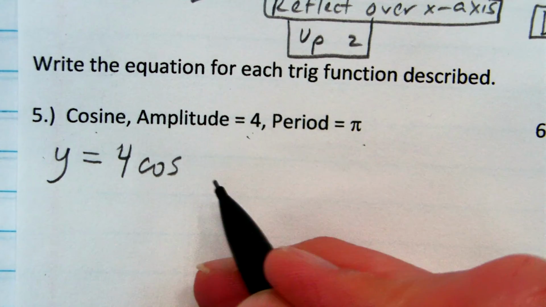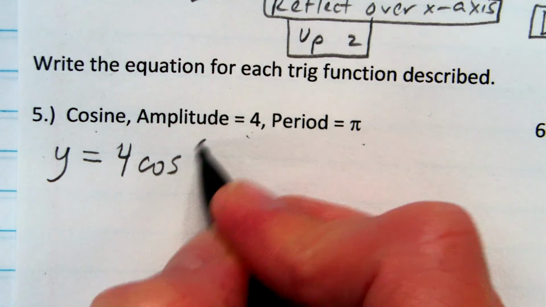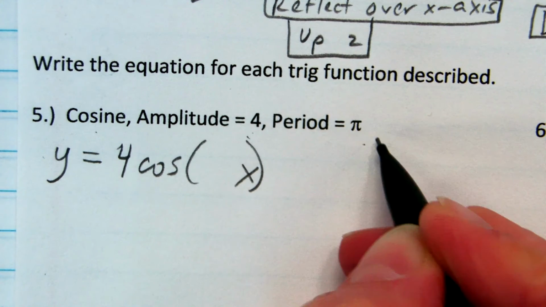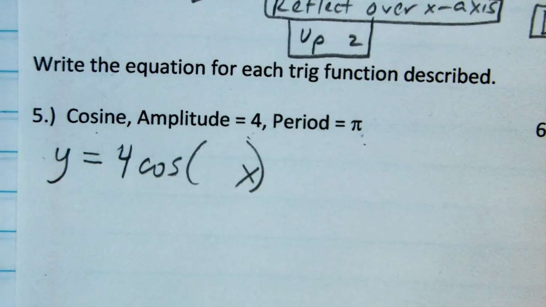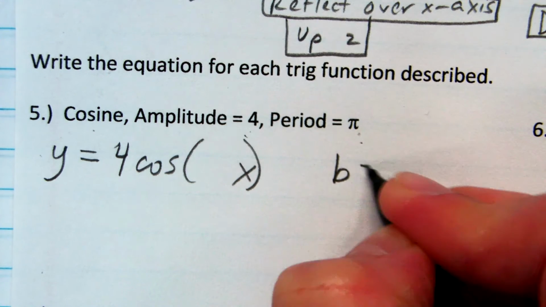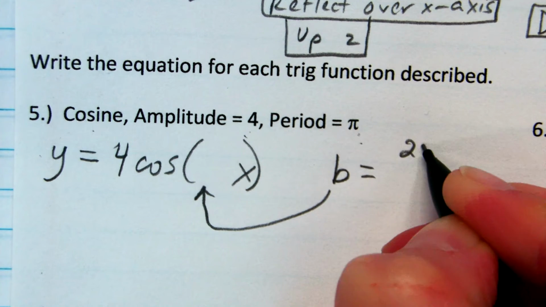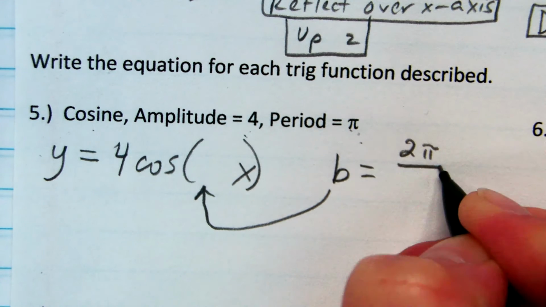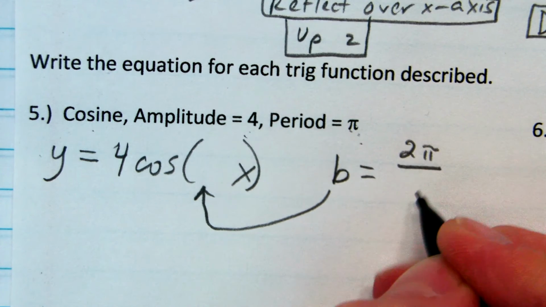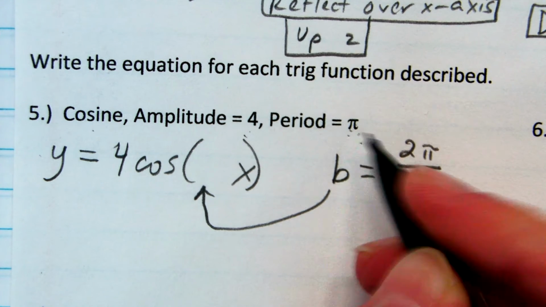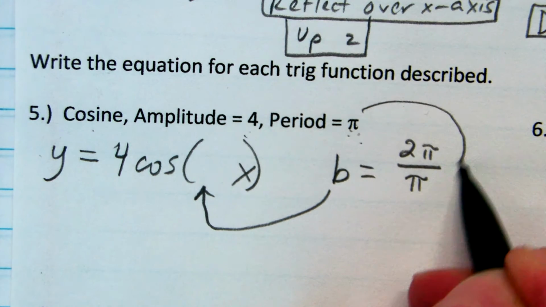And I need to figure out what's going to go in front of x. So if my period is pi, what we wrote at the top is we can get b, which is this number right here, by taking 2 pi divided by the period. So 2 pi divided by the period would be 2 pi divided by this pi that they gave us.